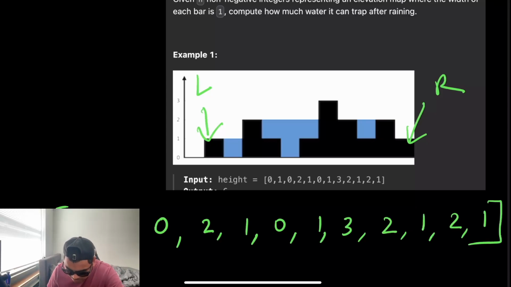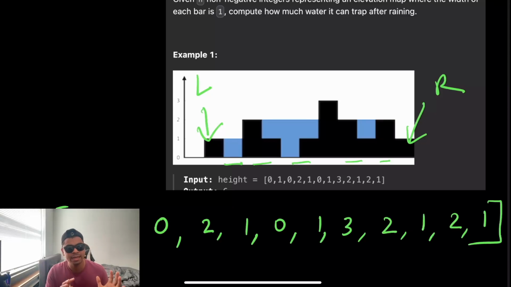So let's call them L and R. Now we actually want to know if there are bars between these two bars that have a height lower than the minimum of these bars, so water could actually be trapped.